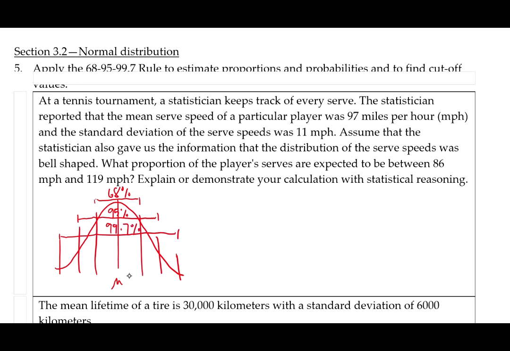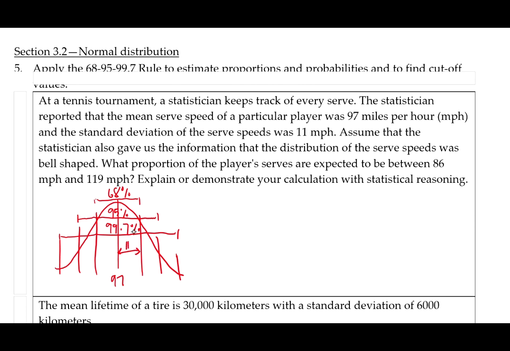So let's figure out what these values are for these vertical lines I've drawn. The mean, which they told us, is 97. I'm going to put that in the middle, in red. The standard deviation, this distance between lines, is 11.